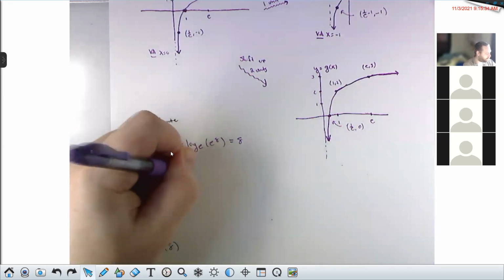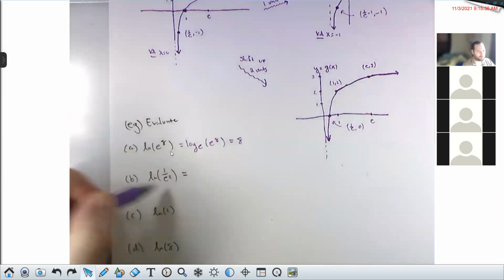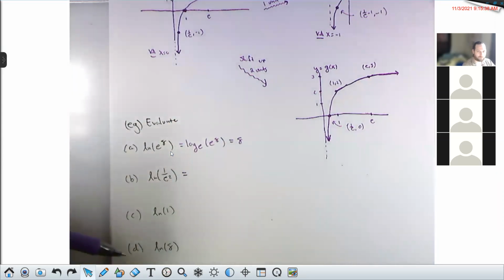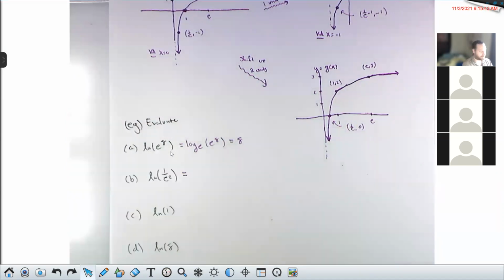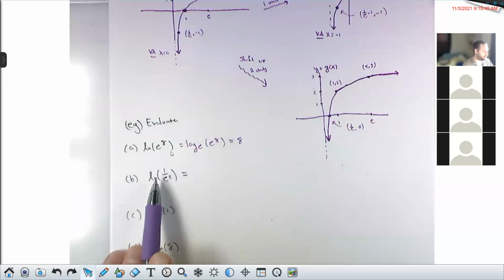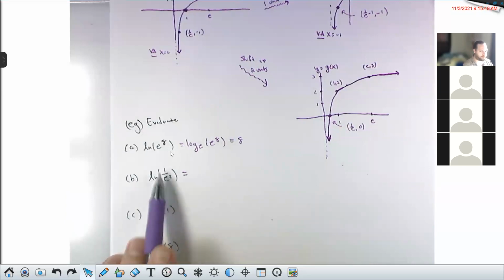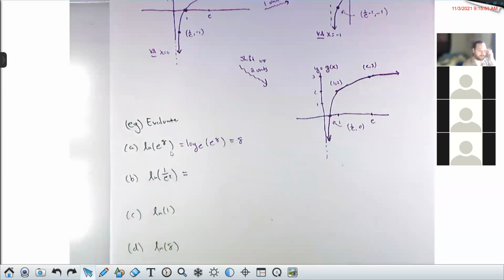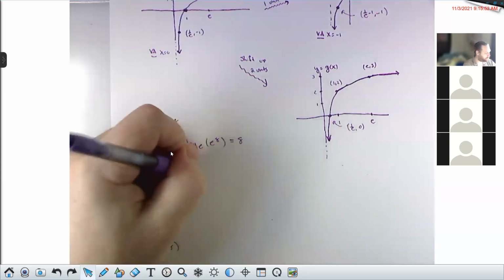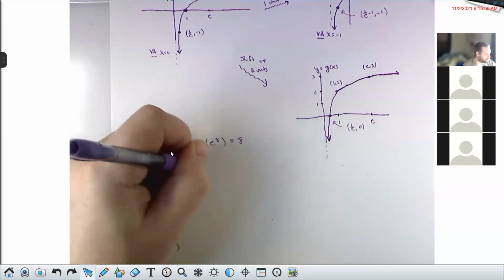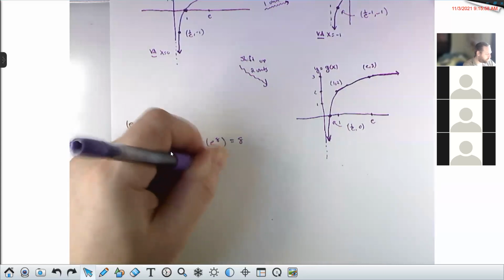What about the ln of 1 over e squared? 1 over e. Careful. So to what power? I applaud the guess, it's good, but think a little bit more carefully. To what power do I need to raise e to get 1 over e squared out? It may help to rewrite 1 over e squared as e to the negative 2.